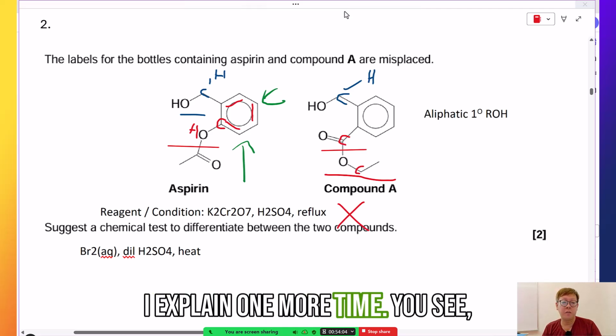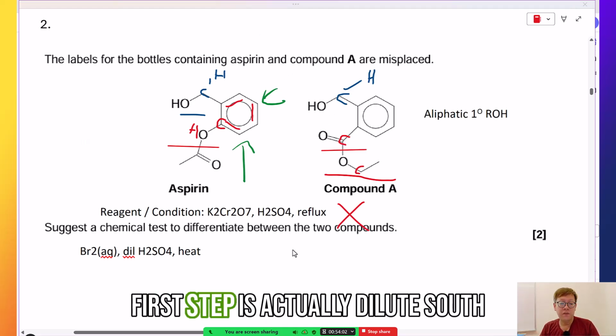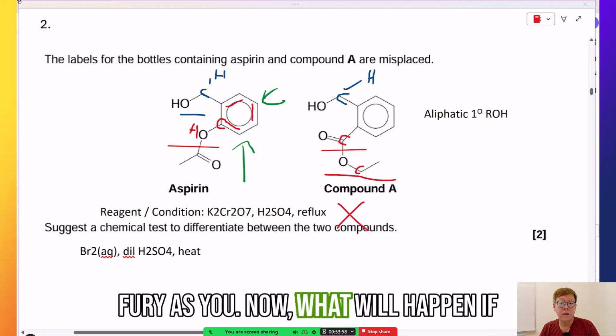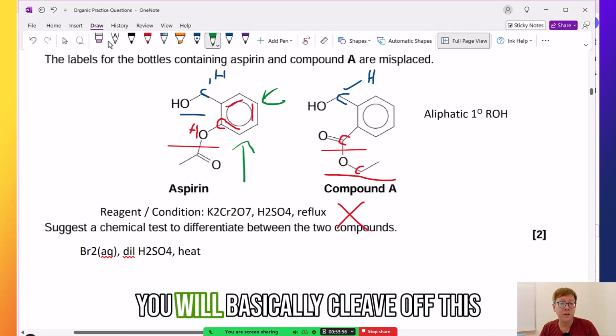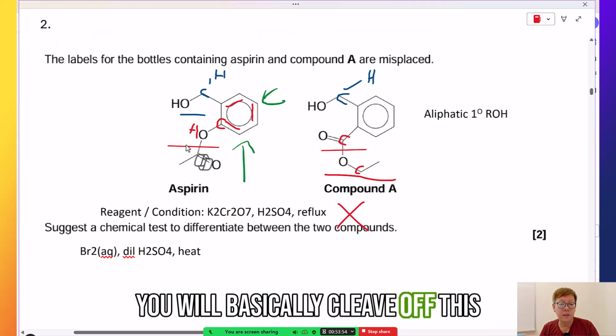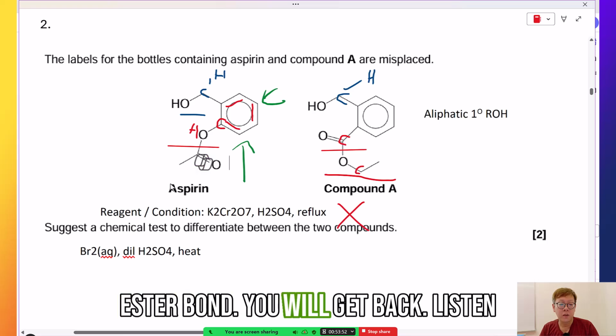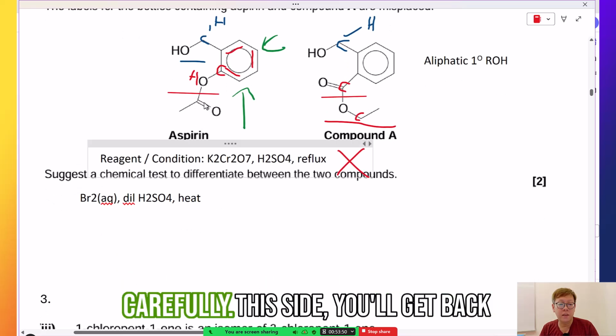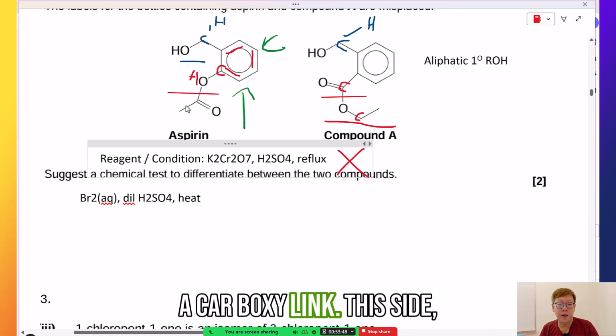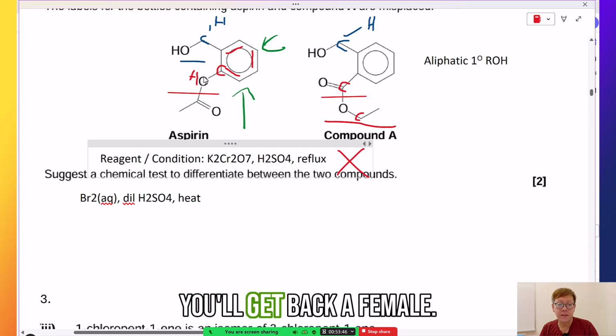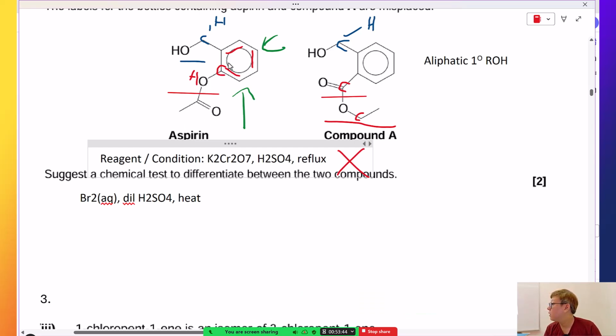Okay, I explain one more time. You see, first step is actually dilute sulfuric acid. Now, what will happen if you have dilute sulfuric acid? You will basically cleave off this ester bond. You will get back, listen carefully, this side you get back a carboxylate. This side you get back a phenol. Follow?